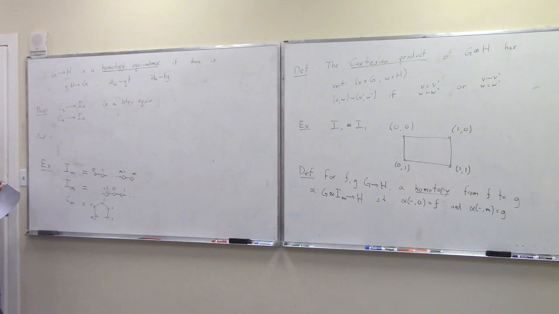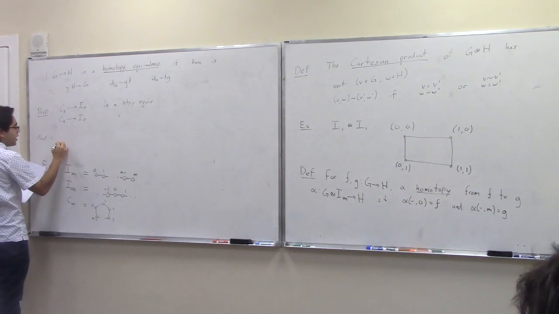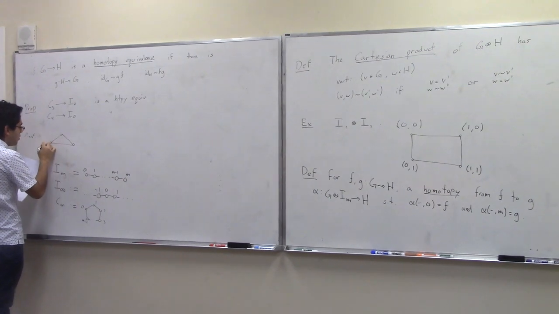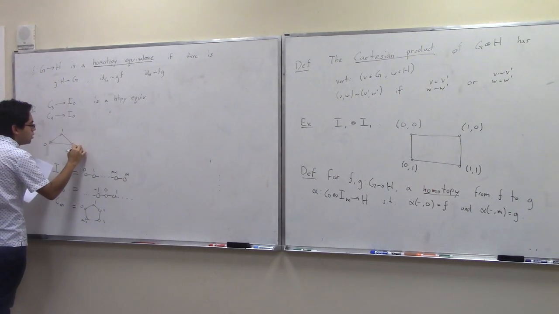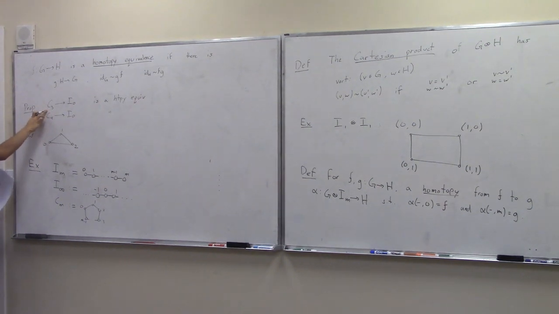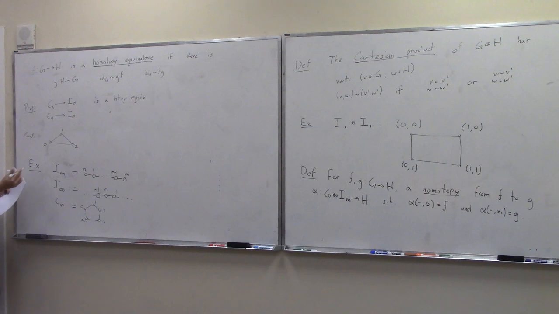Right, so let's focus on the 3 cycle. So if I just draw out the 3 cycle here, I need to give you a map back and 2 homotopies. A map back is a map from I0, that's just a single vertex. So this map will just pick out a single vertex in C3. So say I pick out 0.